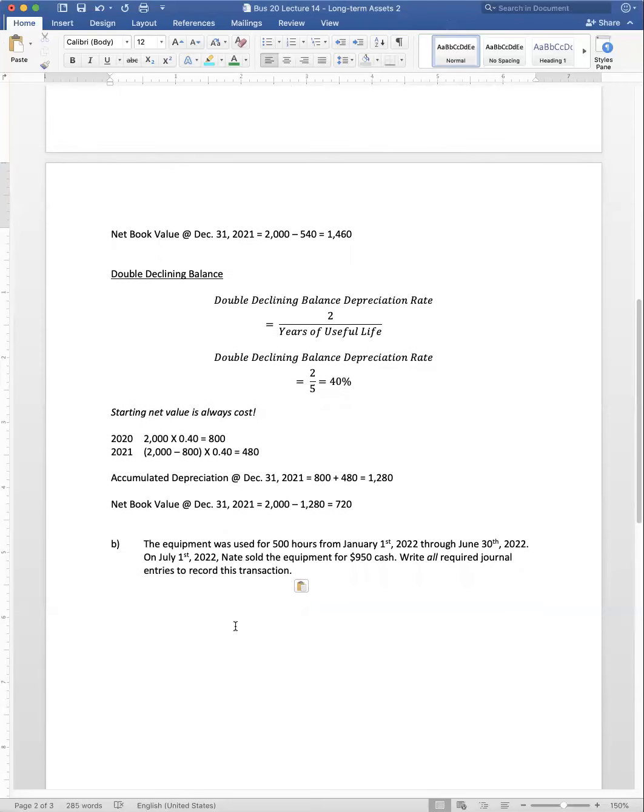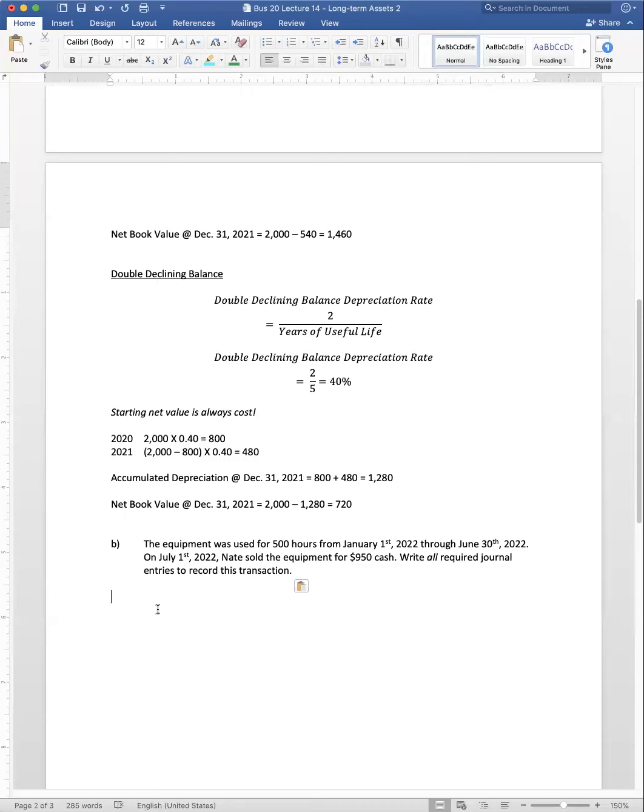Okay, so we are selling the equipment, but we're not selling it till July 1st. What happened between the start of the year at January 1st and July 1st? Well, the answer is the equipment was used, right? It says right there in the question, the equipment was used between January 1st and June 30th. Now, if the equipment is used, that means depreciation, right?